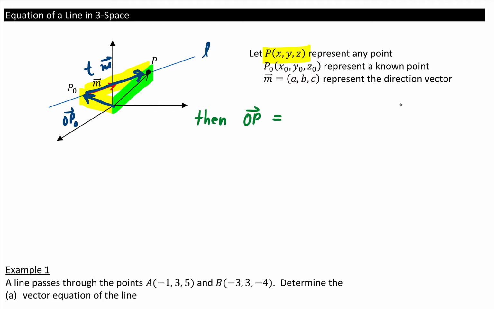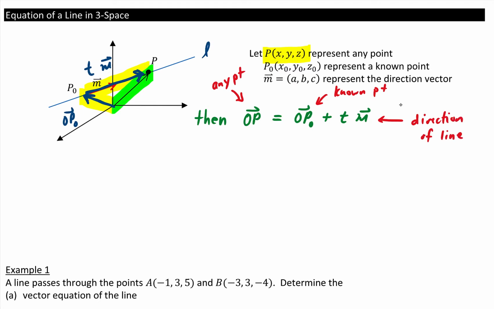And therefore, we can say that OP, any point on this line, is equal to OP naught, some point that we know, plus we need to take some scalar of the direction to hit that point. So again, one more time, this is any point on this line. This is a known point. And then this is a direction.